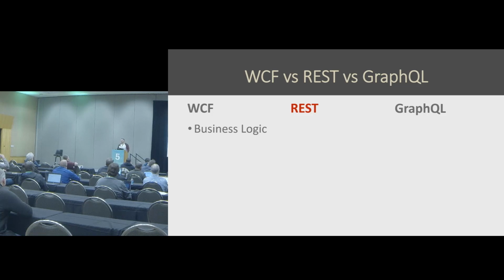So with WCF, or SOAP, ASMX web services, the primary thought there was we want to distribute our business logic. We want to move it somewhere else. And so as you look at old SOAP services or WCF services, that's really how they're architected. The idea is we're moving business logic over to a different layer. So we call these endpoints with web methods.